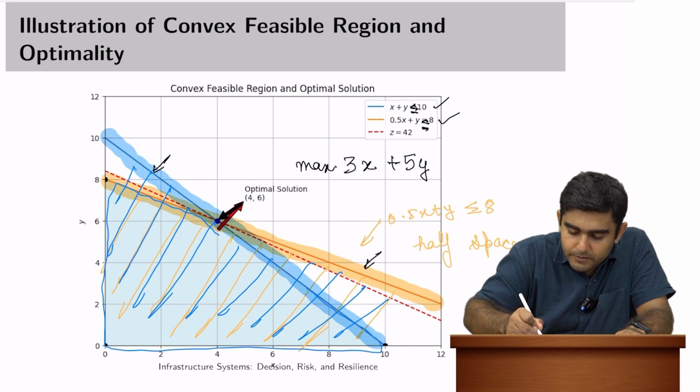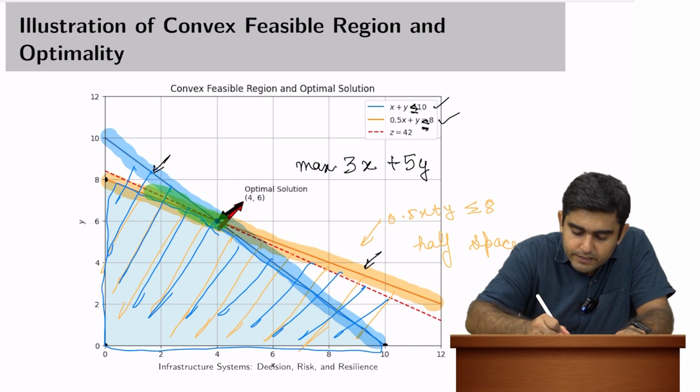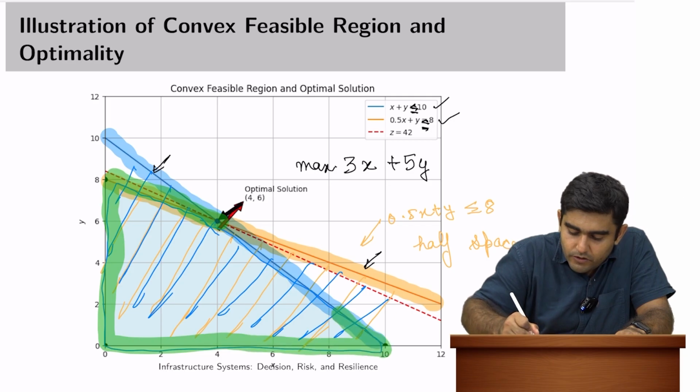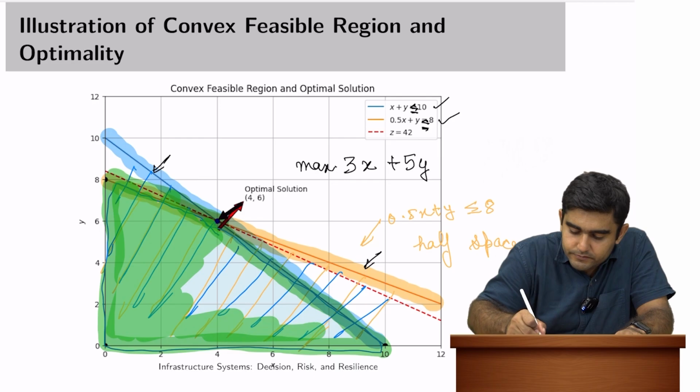I will further make it prominent with a highlighter of a different color and say that this is the region of interest, because this is where both of my constraints are getting satisfied.